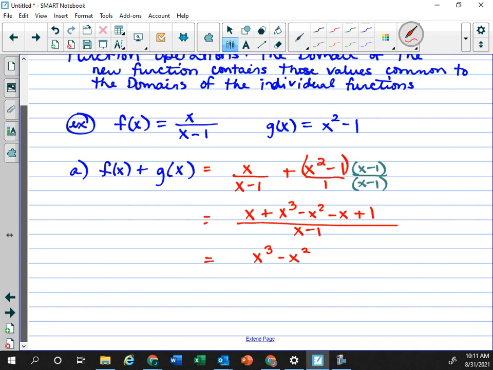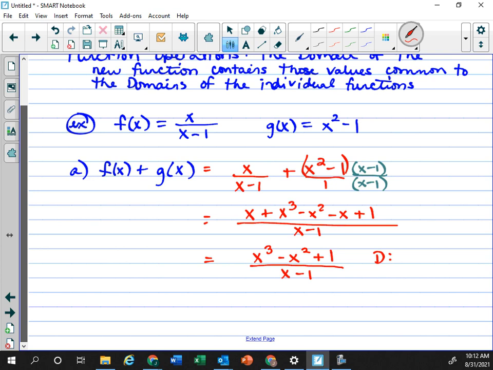My x's are going to cancel, plus 1, and then over x minus 1. I need to state the domain next to it. There's no factoring, nothing's going to cancel, no reducing our fractions here. That's just your answer of f of x plus g of x.